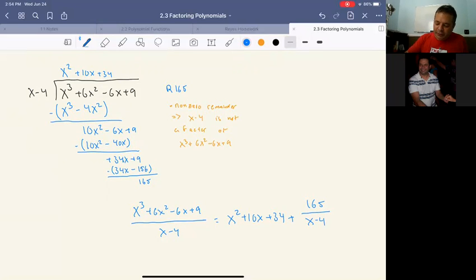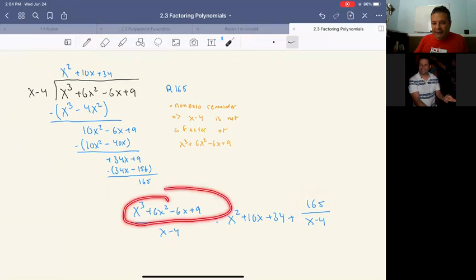So this 165 is a remainder, telling us that x minus 4 does not evenly divide our x cubed plus 6x squared minus 6x plus 9.